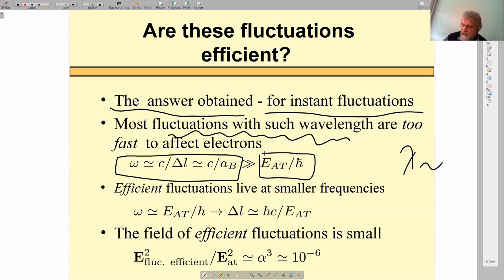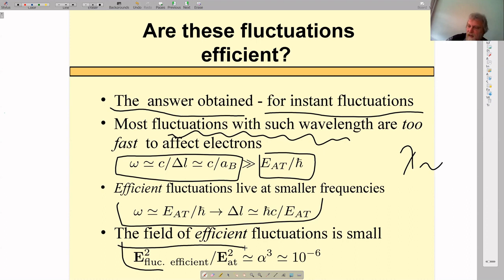So after taking that into account, after taking only those energies, frequencies of the oscillators, which are of the order of atomic energy, we come back to the previous estimation which we got for 0-point energy.